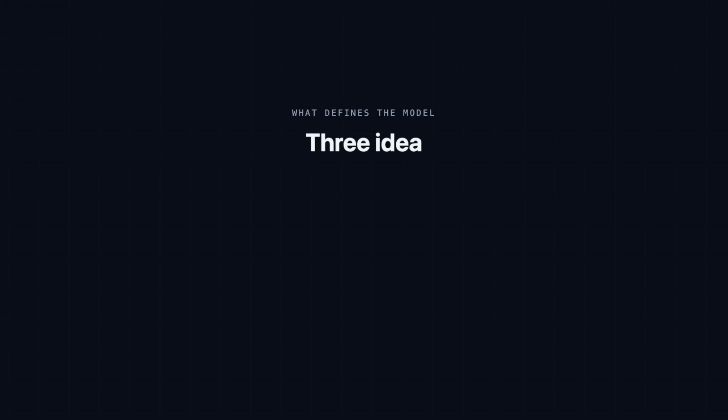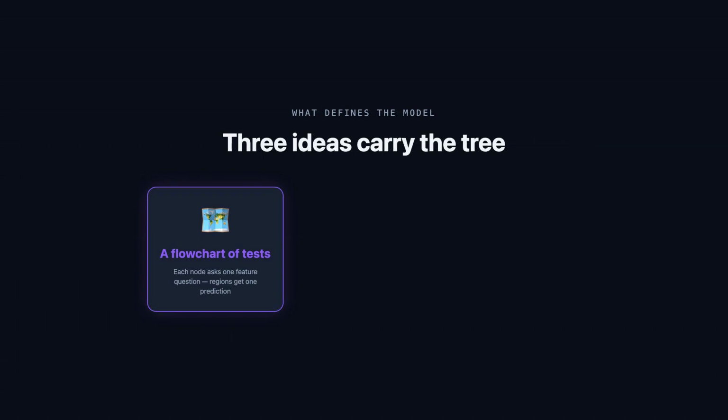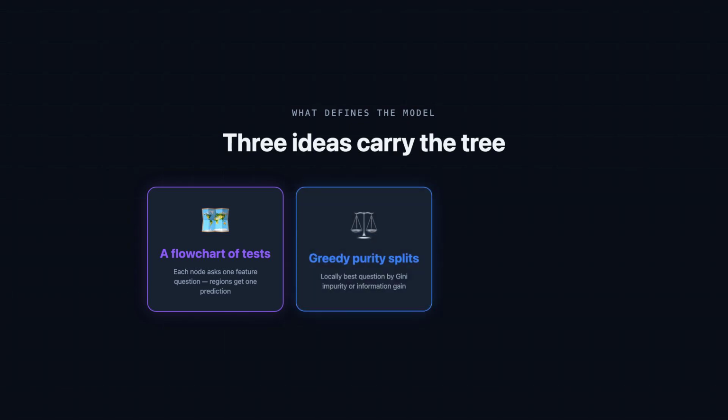So what should you actually remember about how a decision tree behaves? 3 ideas carry the whole model. Fundamentally, it is a flowchart of feature tests. Each internal node asks one question. Each branch is an answer, and stacking those questions carves the data into regions that each get a single prediction. Every split is chosen greedily by a purity measure. The tree does not plan ahead.